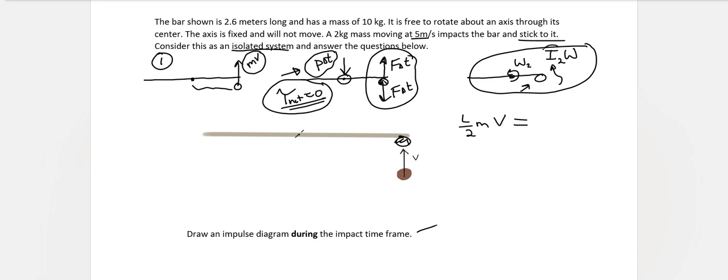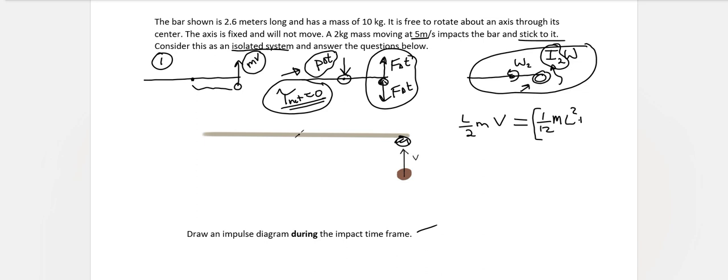Now, the moment of inertia in the second picture. The bar with an axis through one end has a moment of inertia of 1/12 ml squared. I'll just use a bigger M for the bar. But the putty is also part of the system.